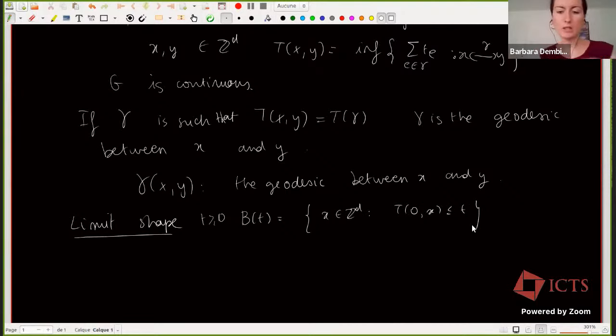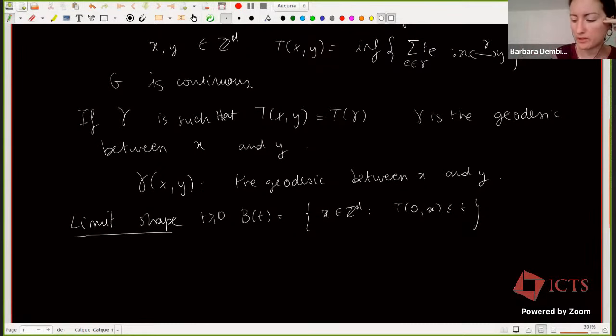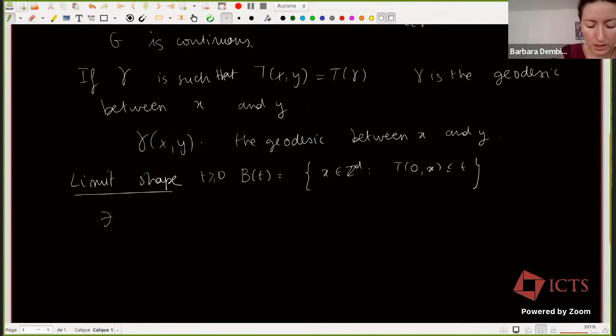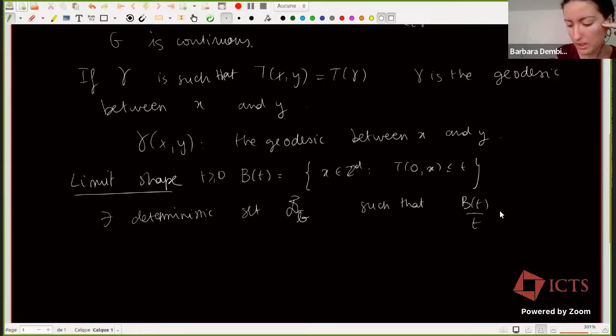And so this set is a random set, but if you wait for a long enough time, this set will look like a deterministic set. So there exists a deterministic set that we will denote B_G, such that if we look at B_t over t, when t is large, it looks like the limit shape B_G.